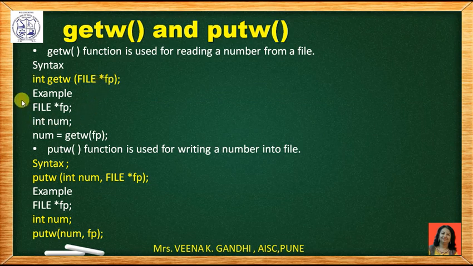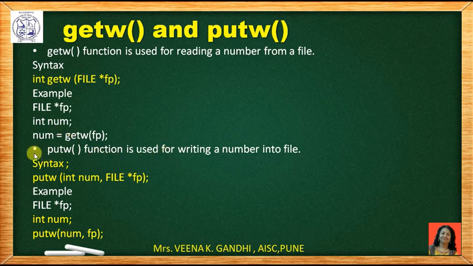So for example, FILE *fp, then int num. Now num equal to getw(fp). It reads the single number from a file and stores it in an integer variable. So it is only used for reading integer data.